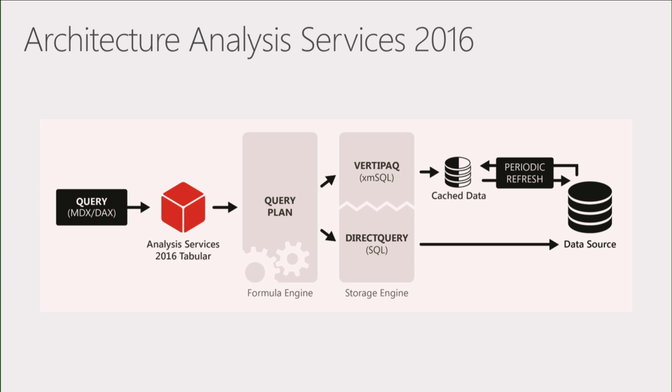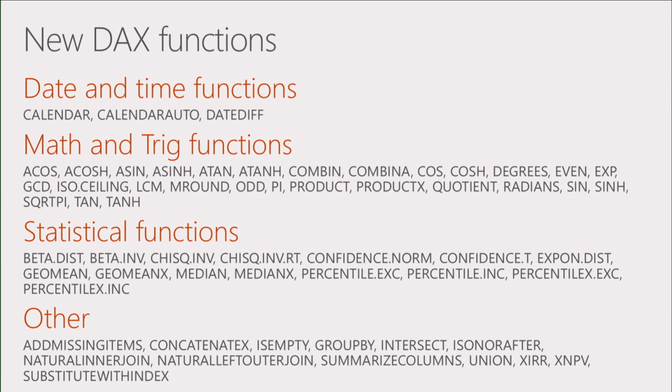So this is the general architecture of Analysis Services, and as I explained, there is a difference because in the past, the formula engine only worked for the in-memory mode. Now the formula engine also works for DirectQuery as a layer on top of the DirectQuery storage engine.